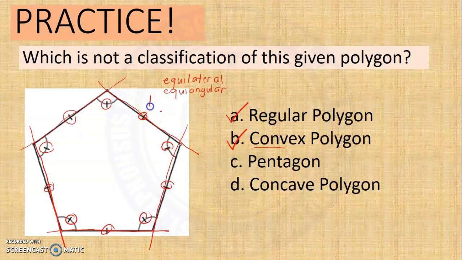Let's count. 1, 2, 3, 4, 5. It is a pentagon. Is it concave? Now, since it's a convex polygon, that means it is not a concave polygon. So, if we are going to answer which is not a classification of this given polygon, the answer is concave polygon.